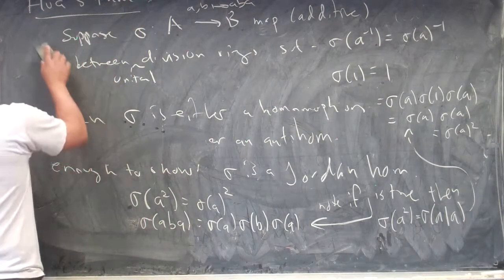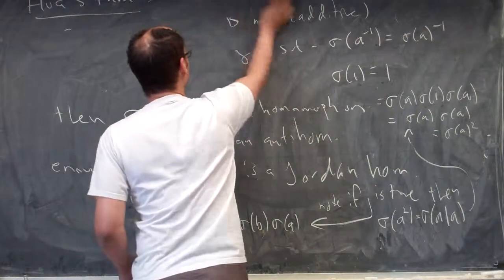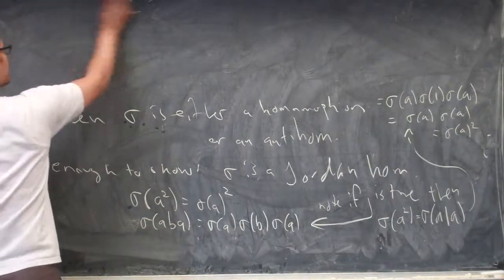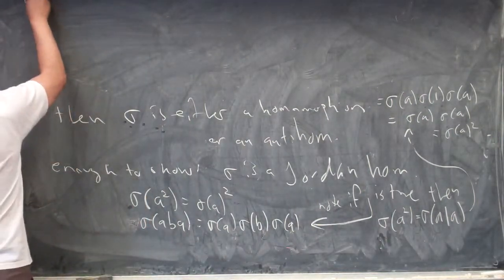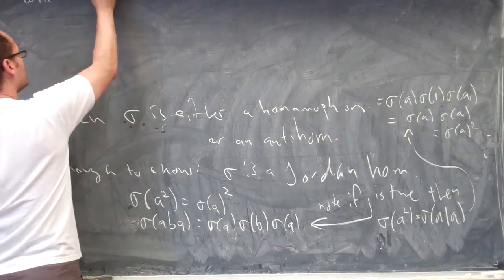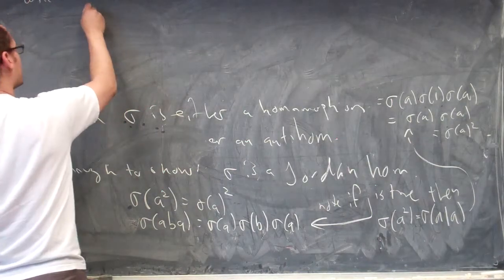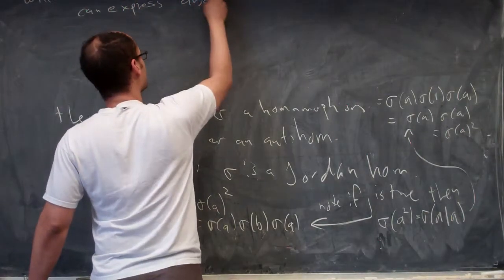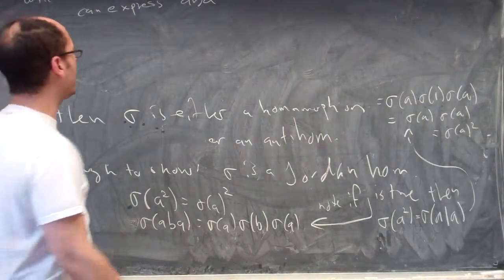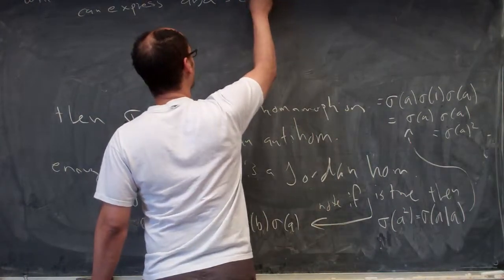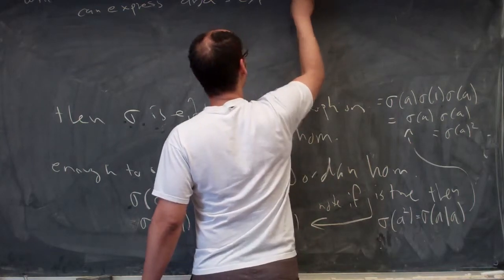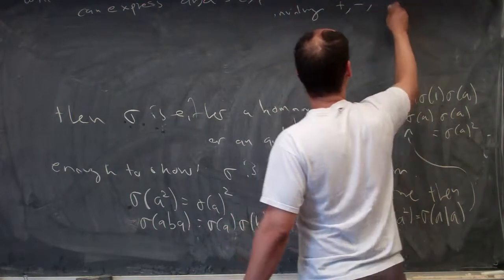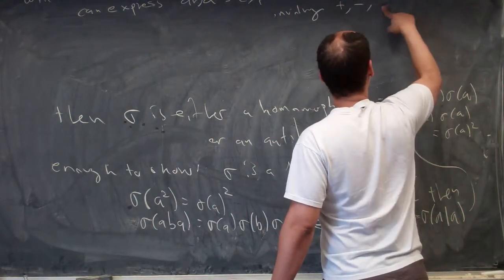So what we'll actually show is that we can express this composition ABA in terms of some expression involving plus, minus, and inverses.